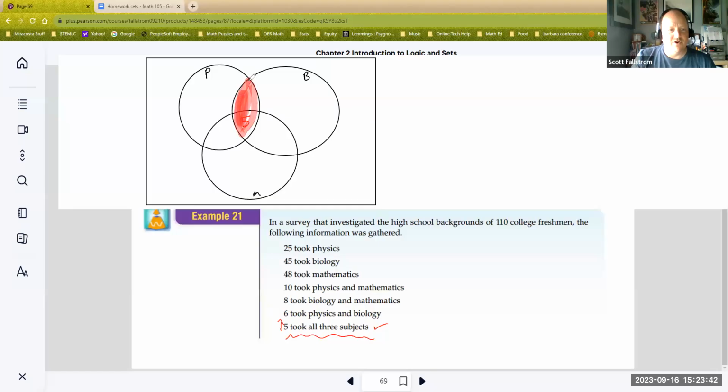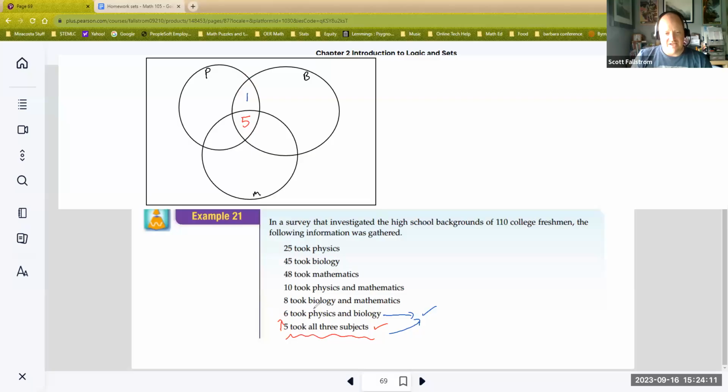So this eyeball region here is supposed to have 6 in it. I already have the number 5, and if there's 6 total, then the only thing that's missing is 1. So I would take this clue along with the clue I already have and be able to put one person that took physics and biology and not math, I should say. So if I look, there's 6 total in here, and that's perfect.